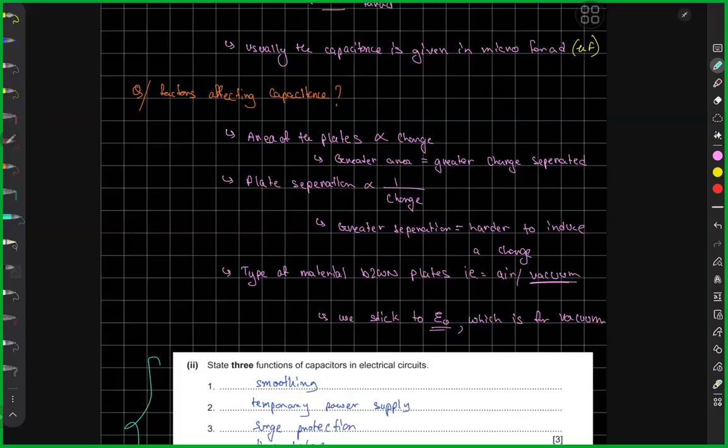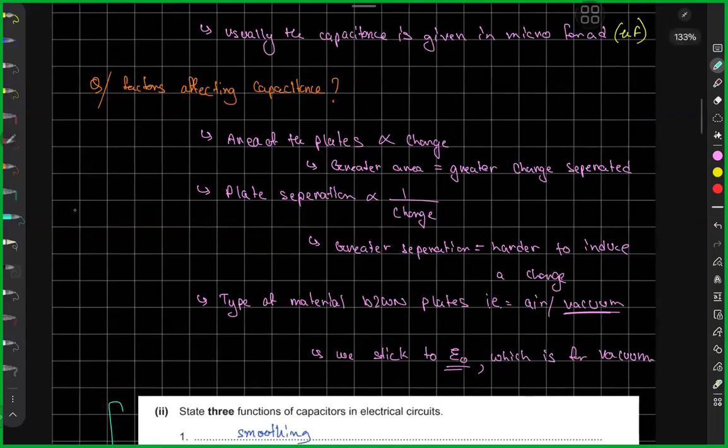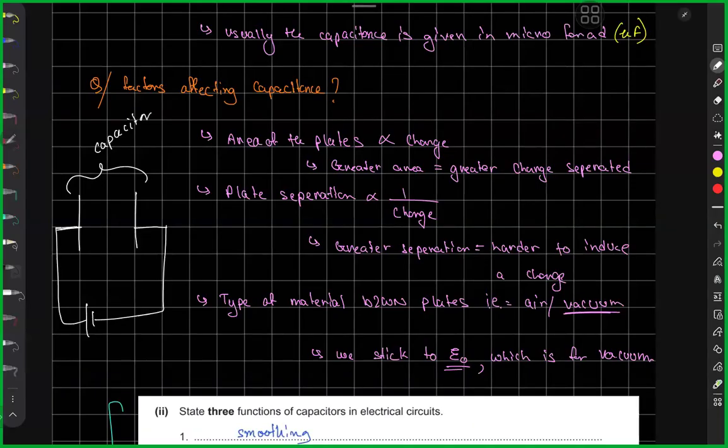So I'll draw a capacitor for you. Okay, typical capacitor. This is a plate, this is a plate, and there's a power supplied, and there's a capacitor here. There's air in between, and what is happening?